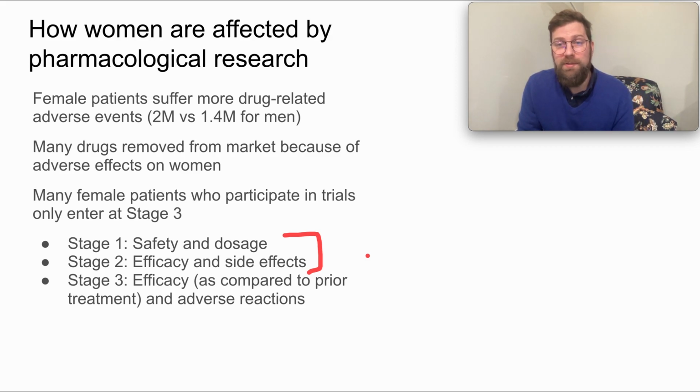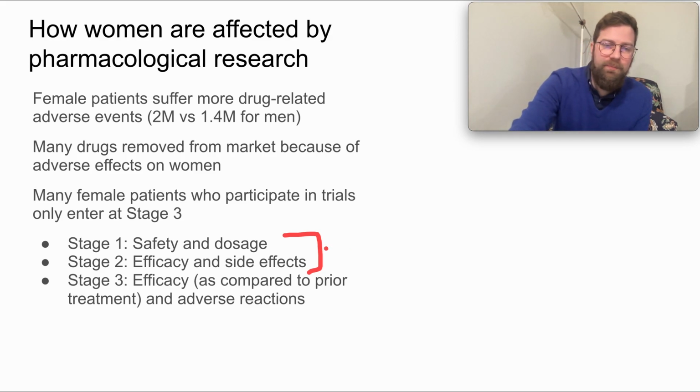One perhaps troubling consequence of this is that if we have a drug that's effective only in male bodies, but not in female bodies, that drug will make it to stage 3, right? But if we have a drug that is, say, safe for women but not for men, or effective for women but not for men, well, it's going to fail stage 1 and stage 2, and these drugs will never become available to people who might benefit from them.